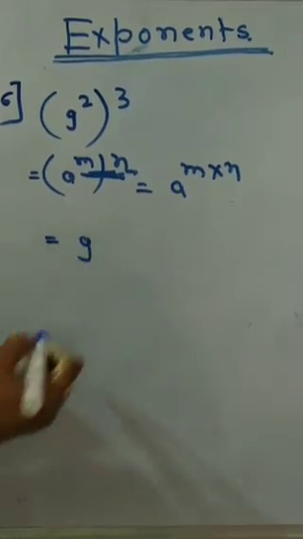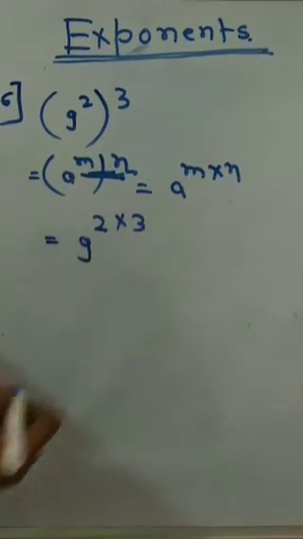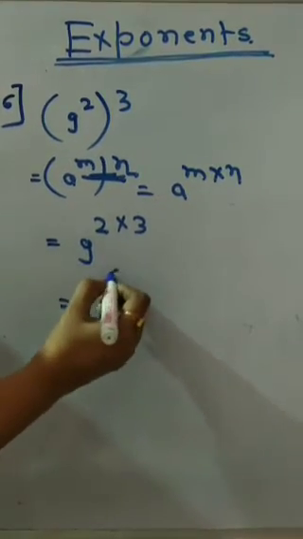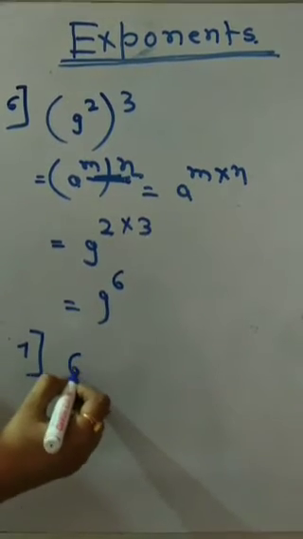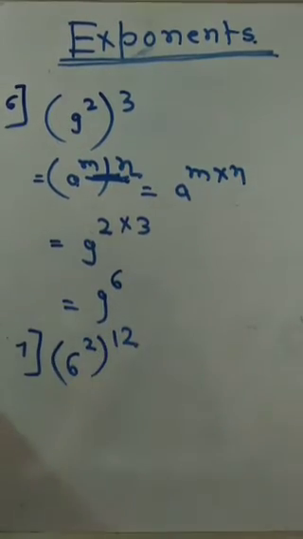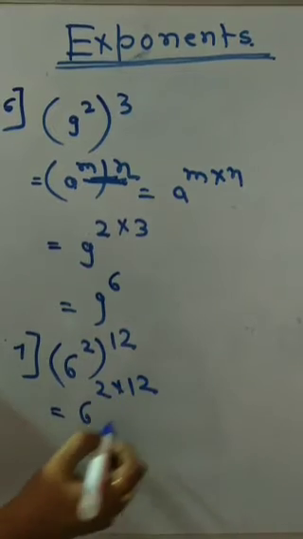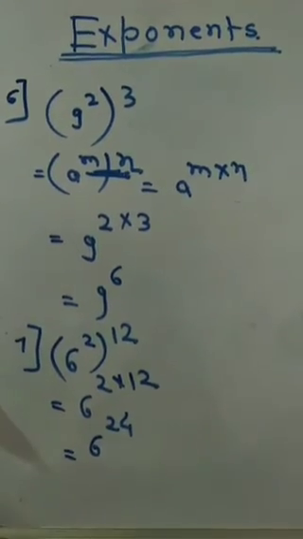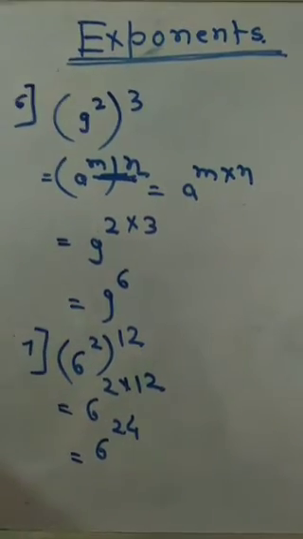Therefore 6 is the base, and 2 and 12 are the indices. Therefore 6 raised to 2 into 12. Go with the formula. 6 raised to 24. 2 into 12 is equal to 24. Therefore the answer is 6 raised to 24.